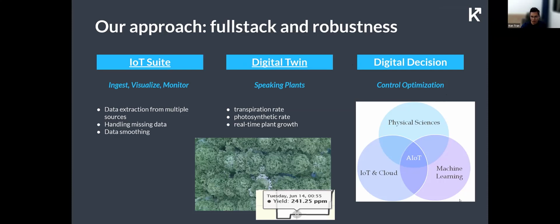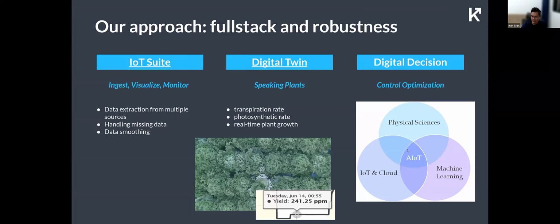If I have to describe our technologies, this would be the picture that encapsulates them. It's not just one domain of machine learning. It's not just AI or machine learning. It's also not just about IoT.